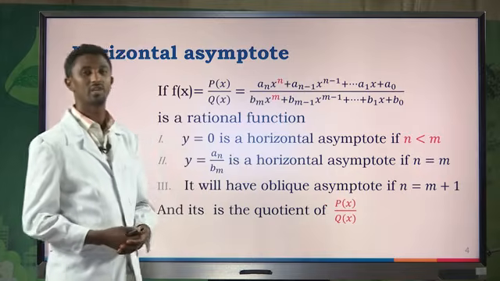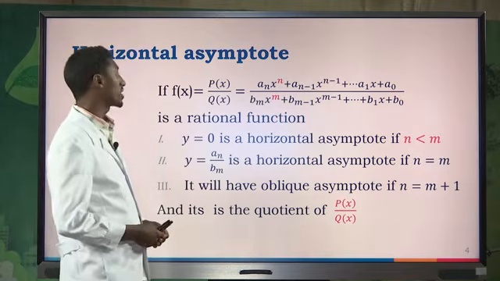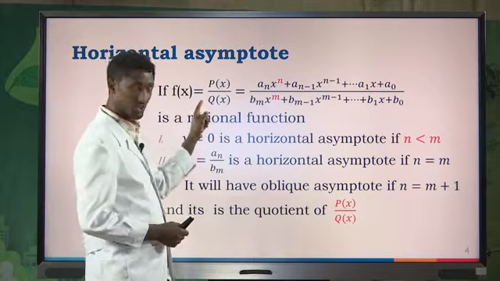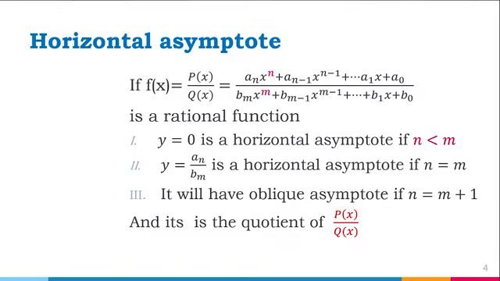And how can we determine its oblique asymptote? The oblique asymptote is the quotient of p of x to q of x. You know how to determine a quotient of a rational function? We'll divide p of x by q of x. So the quotient is the oblique asymptote.